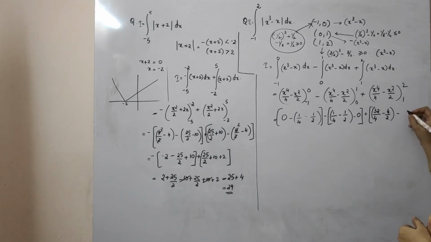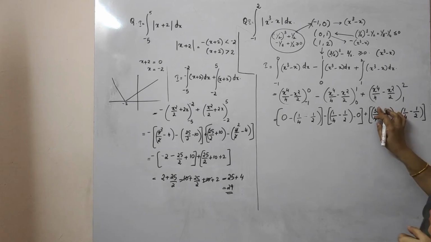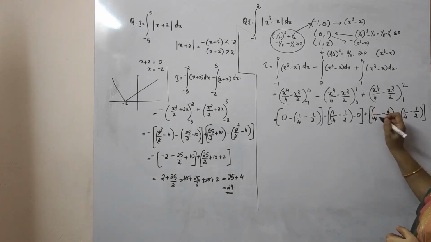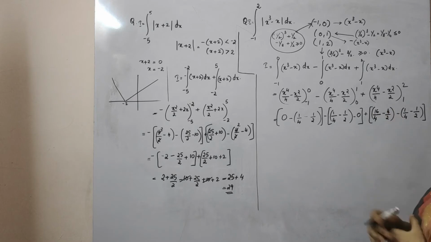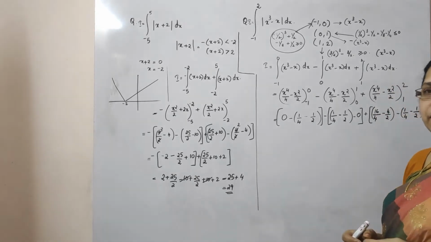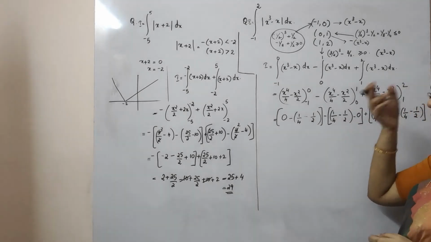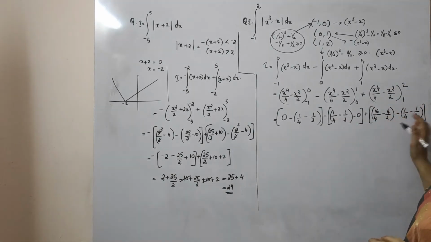Coming to the lower limit, that gives me 1 by 4 minus 1 by 2.